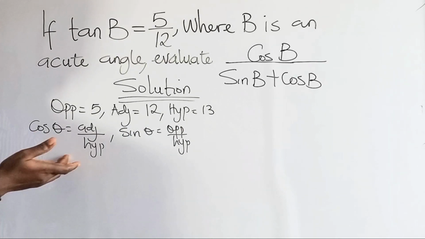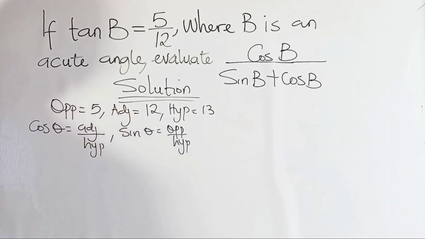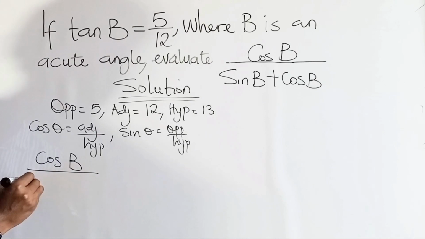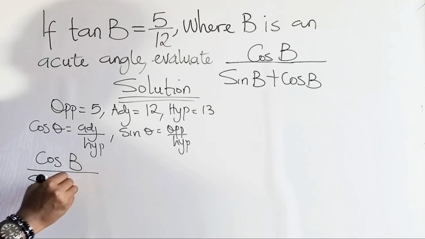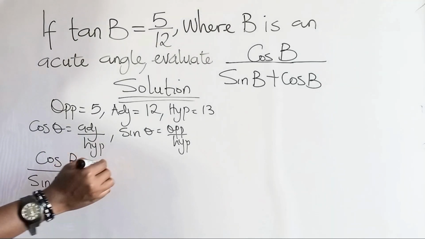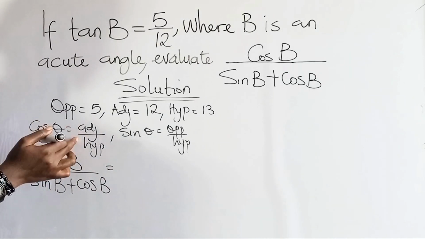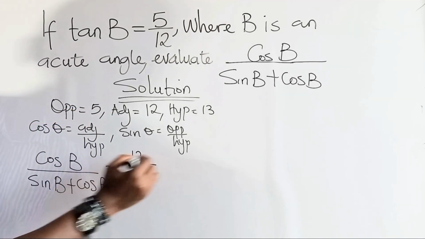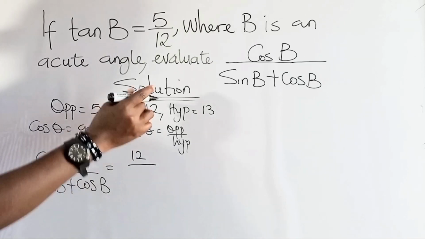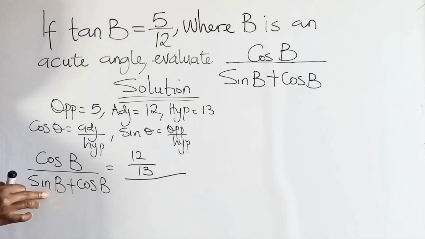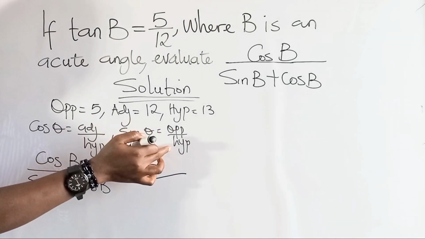Okay, so because this will guide us in substituting our values, we are to evaluate cos B all over sine B plus cos B. So wherever we have cos B now, we are going to put in this ratio, and the adjacent is 12, so we have 12 all over the hypotenuse, which is 13, then all over our sine B, which is opposite all over hypotenuse.